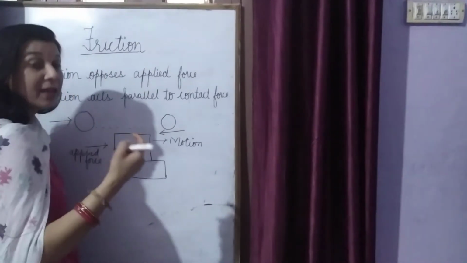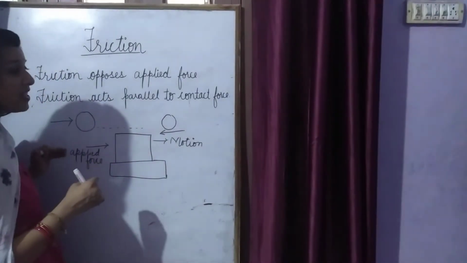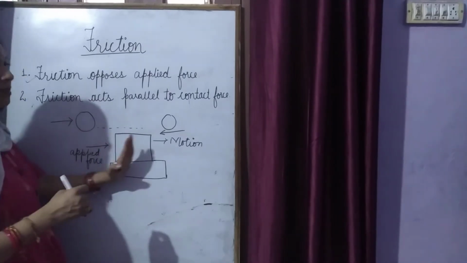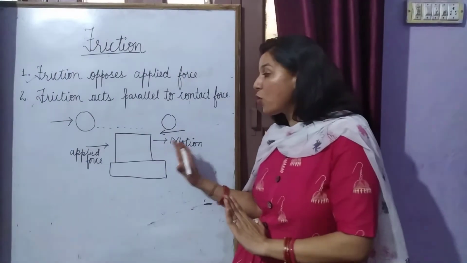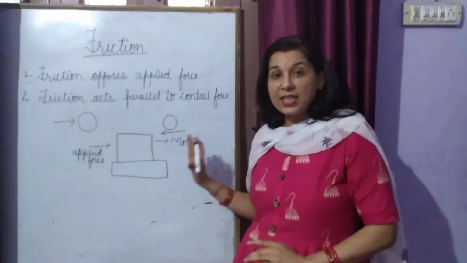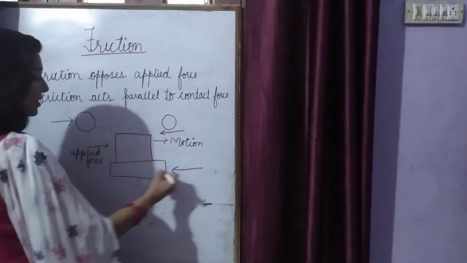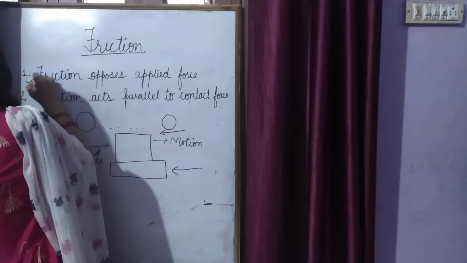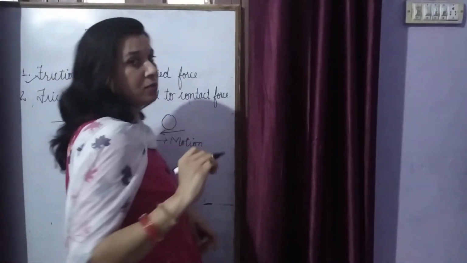So where will the friction act? The friction will always act opposite to the applied force. So this is the direction of the applied force, and the friction will be opposite to this. So this is the direction of the friction. Remember always that friction opposes the applied force.